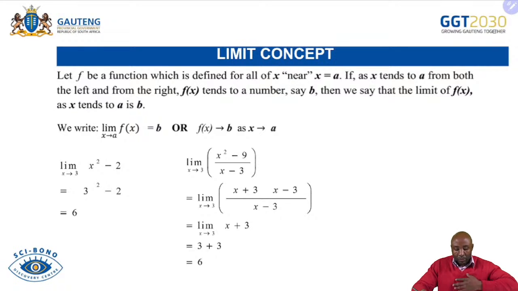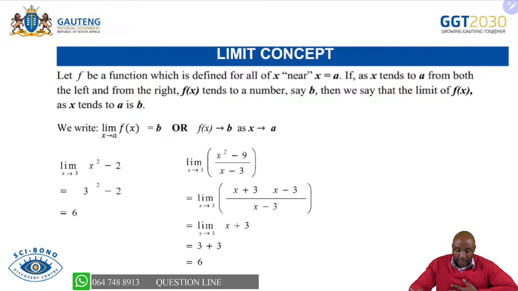I want us to investigate the concept of a limit. Now, as I have indicated, if f of x is a function defined for all x values, we know that as x tends to a, or as x approaches a, from both the left and from the right, f of x tends to a particular number.